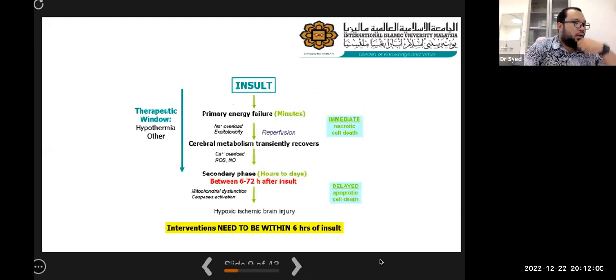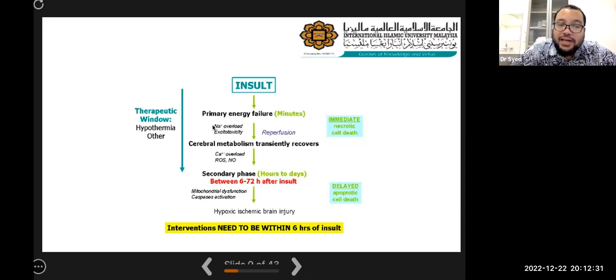So in a nutshell, first ada hypoxic insult. This hypoxic insult results in a primary energy failure. This happens in minutes. So there'll be sodium overload, there'll be excitotoxicity of the neurons. This happens immediately. Kan? Sometimes there may be tissue necrosis, there may be immediate cell death.